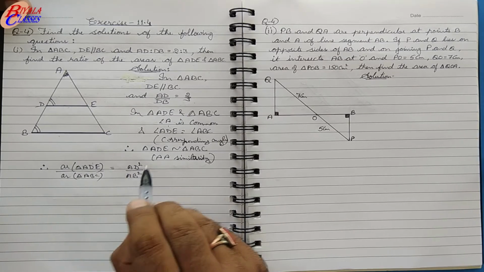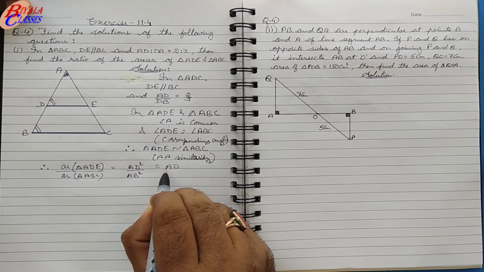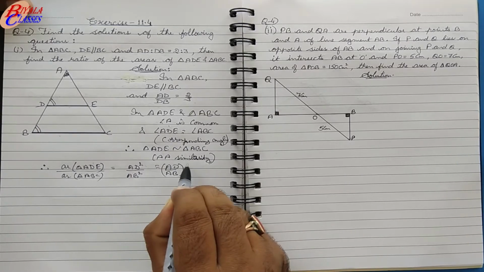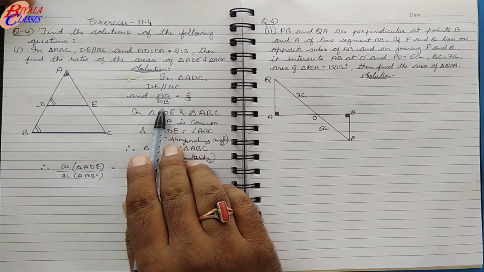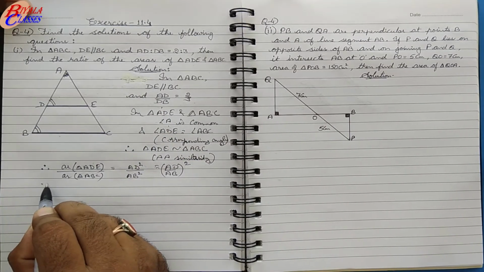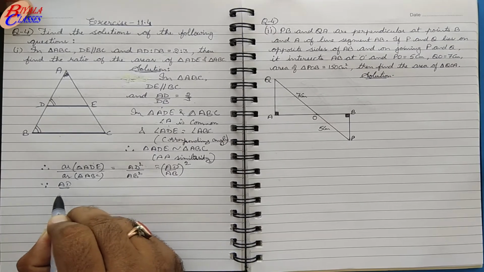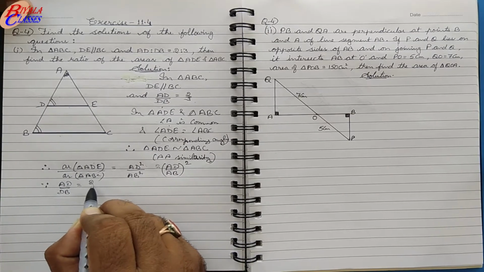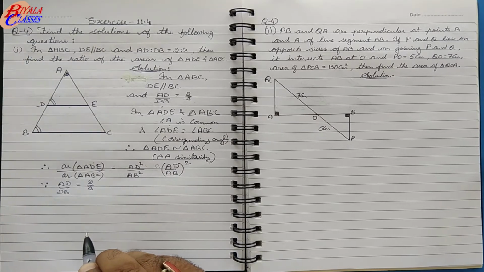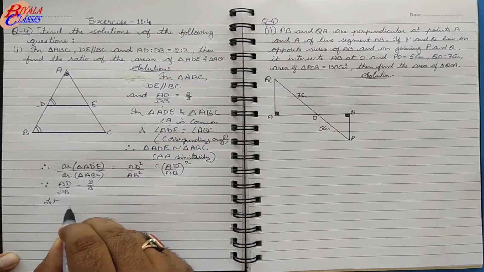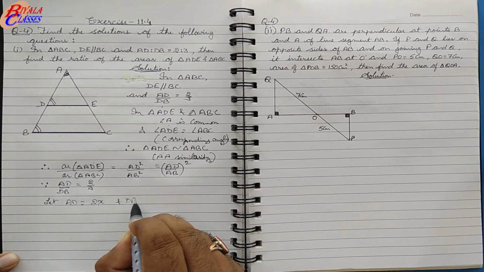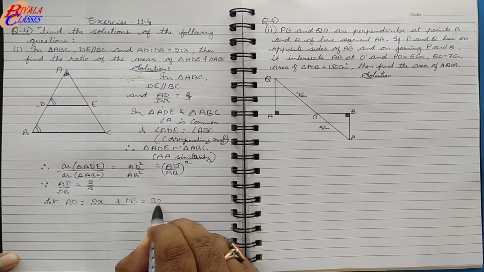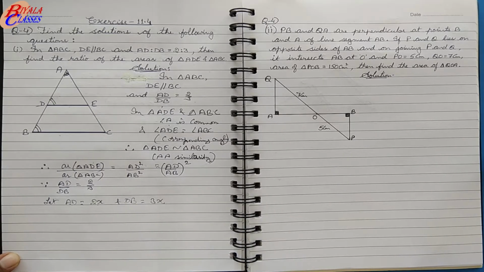Now once we get this, this can be written as AD upon AB whole squared, but we have the ratio of AD and DB. Now because AD upon DB is equal to 2:3, so let AD be taken as 2x and DB be taken as 3x. Suppose we take them as 2x and 3x.